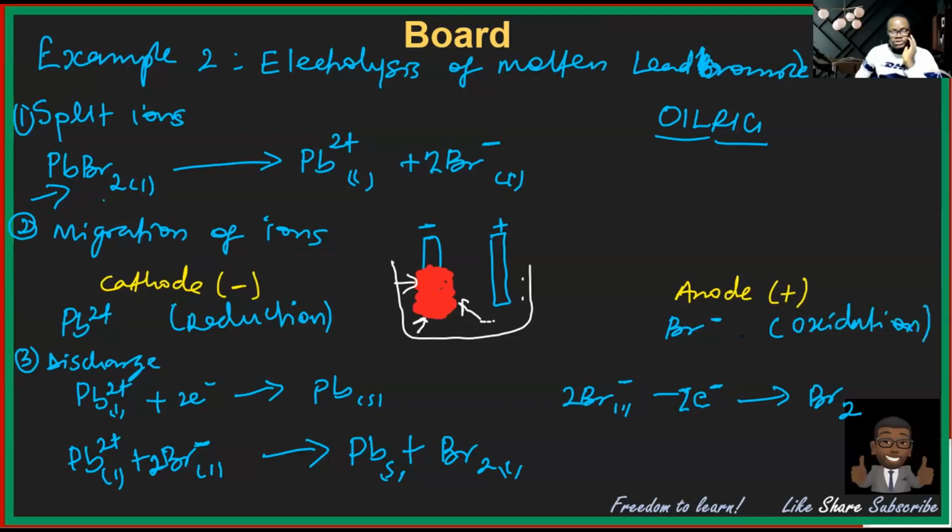So it's pretty simple. Electrolysis of molten compound is not difficult at all. Because we have laid this strong foundation, you will not have issues when we look at electrolysis of aqueous compound.